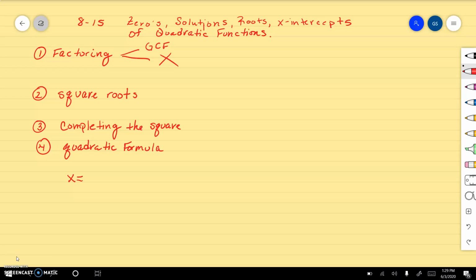X equals negative b plus or minus the square root of b squared minus 4ac, all over 2a. Make sure you put the whole line under the whole entire top, or numerator as they call it. Okay, so those are four ways to solve a quadratic equation algebraically. All right, so up here, maybe you want to write algebraically.